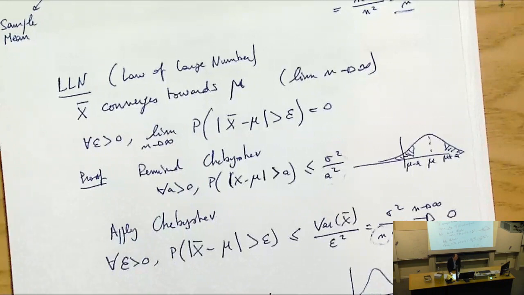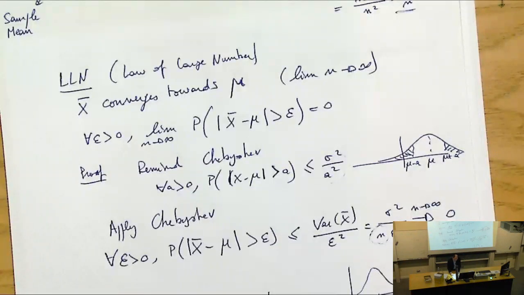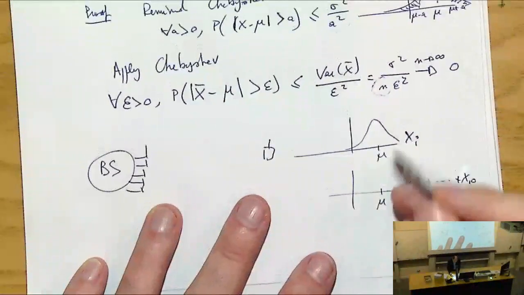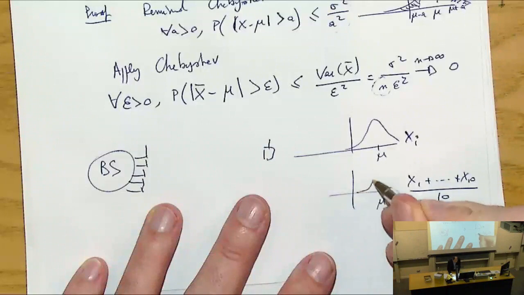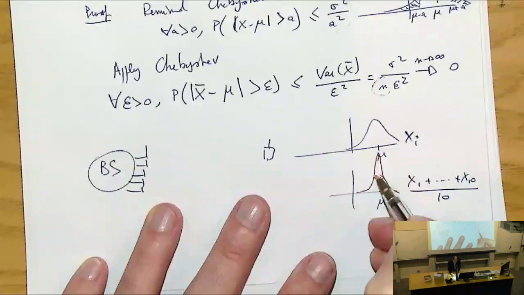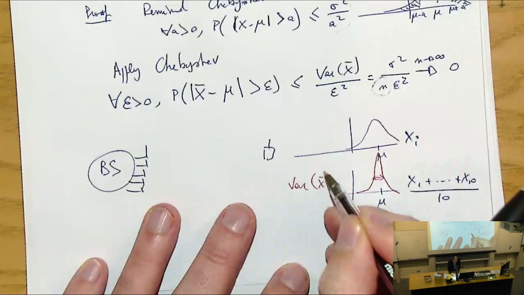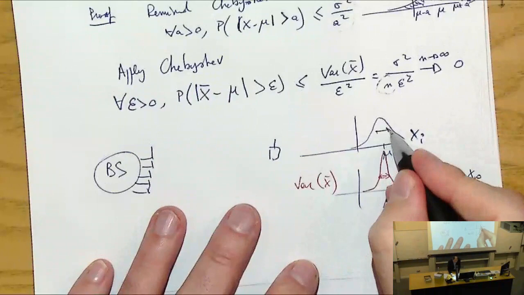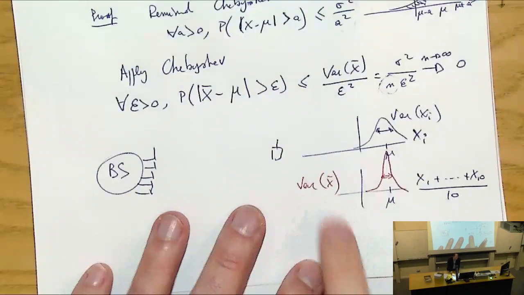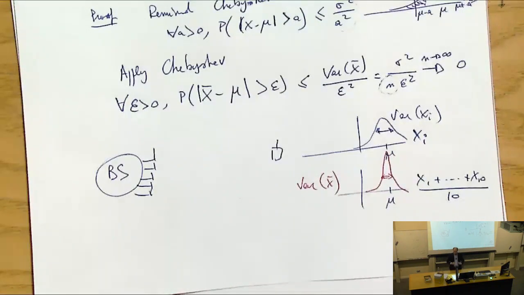But if you now do x1 all the way to x10 and you divide by 10, you still have mu, but you will have something that is much sharper. So the variance of x bar and the variance of xi are different. And as you increase n, that variance decreases.